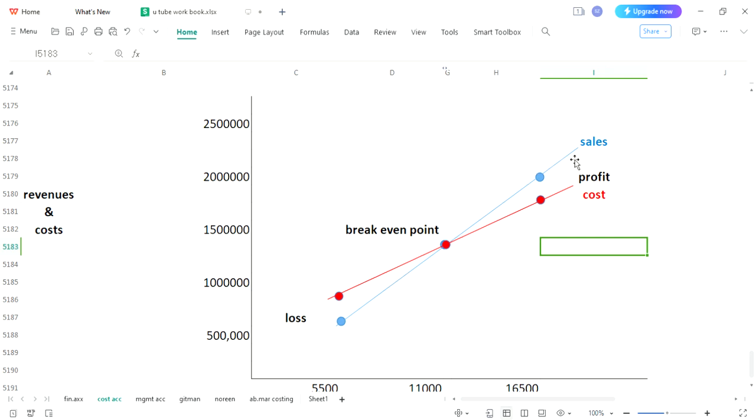And the area between this blue and red line, you can see your sale is higher than your cost, so it is favorable. So in between these two lines, all the area would be considered the area of your profit. So our graph has been completed.